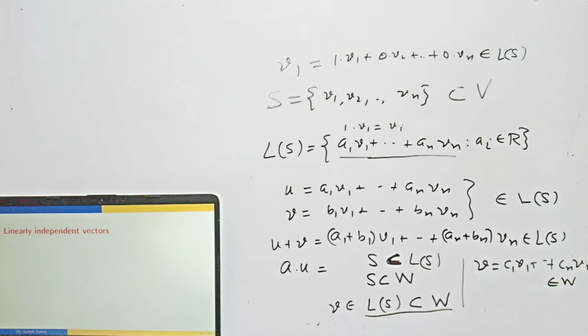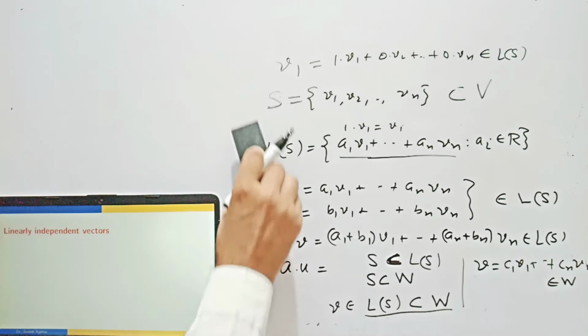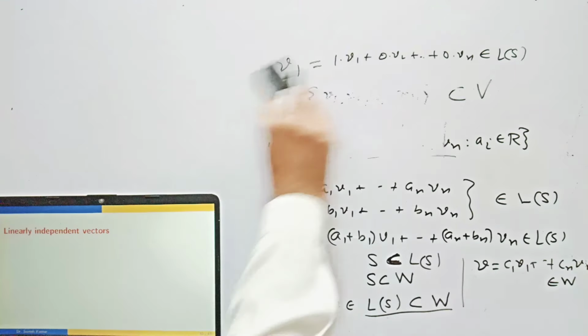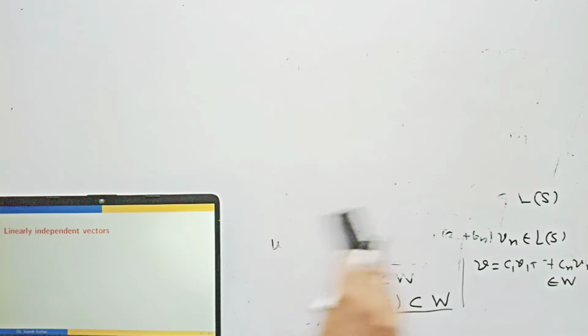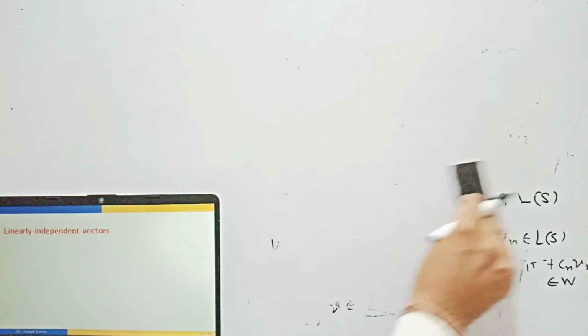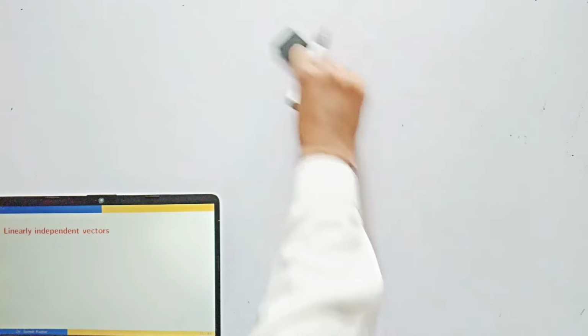Next, a very important concept, the concept of linearly independent vectors. I have already introduced you to the concept of linearly independent row vectors in chapter 1. So hope you recall that one. It's similar to that. Now we are talking in general, any vectors in the vector space.